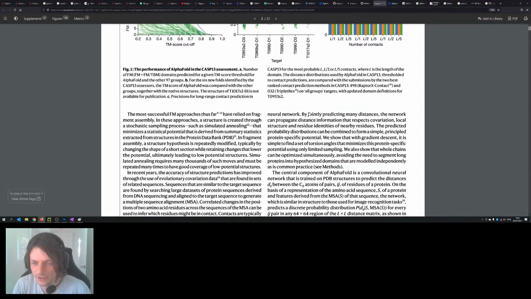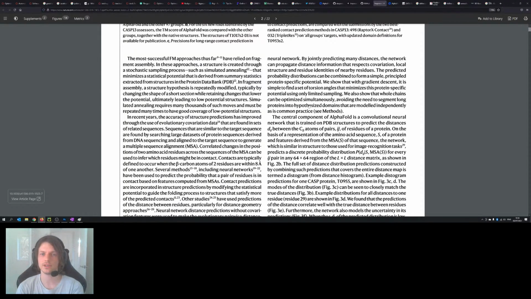By jointly predicting many distances, the network can propagate distance information that respects covariation, local structure, and residue identities of nearby residues. The predicted probability distributions can be combined to form a simple, principled protein-specific potential.